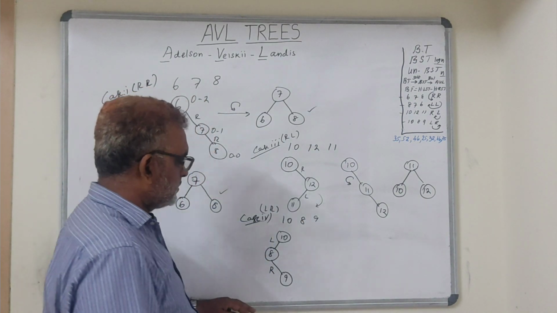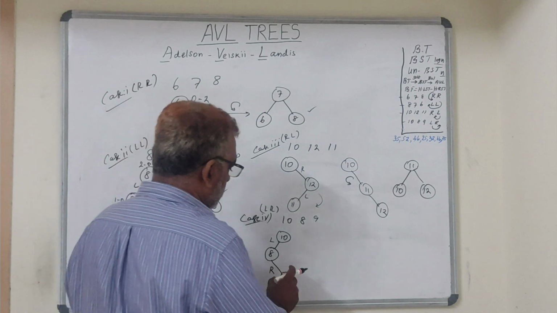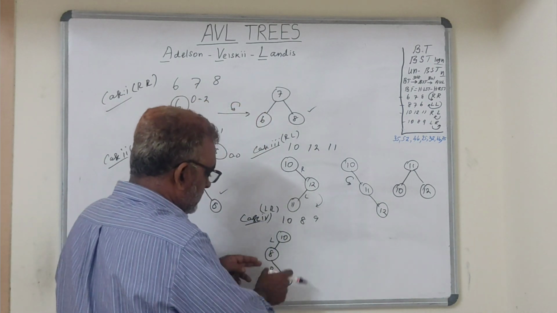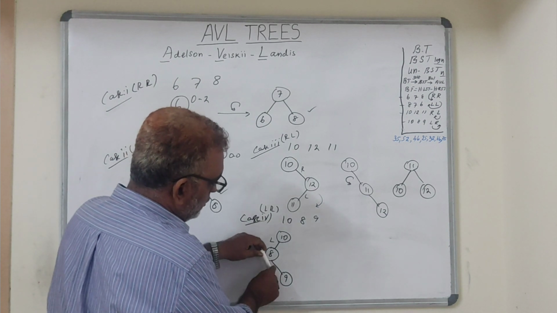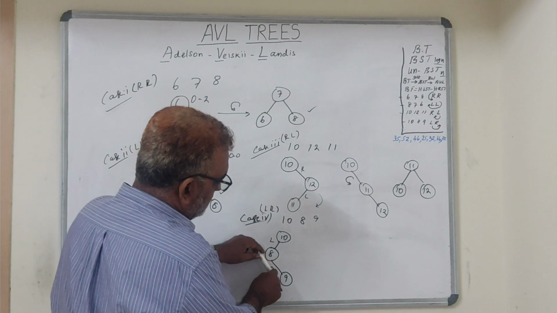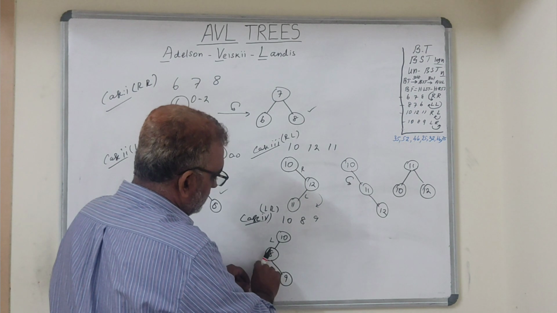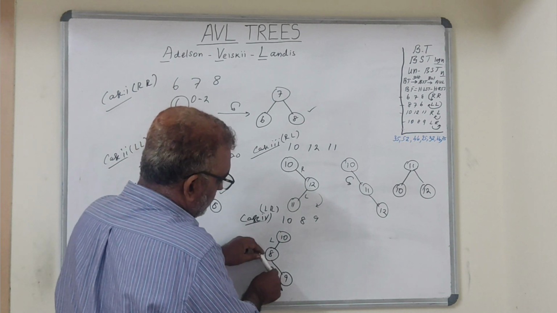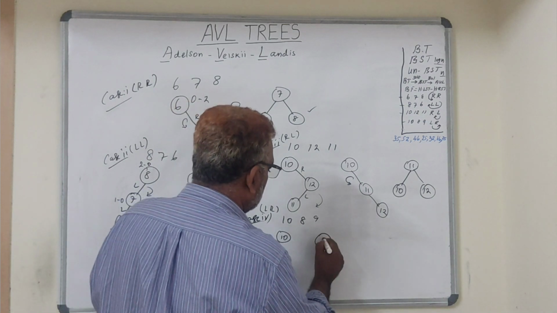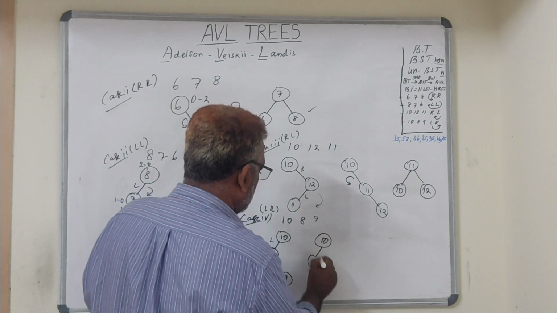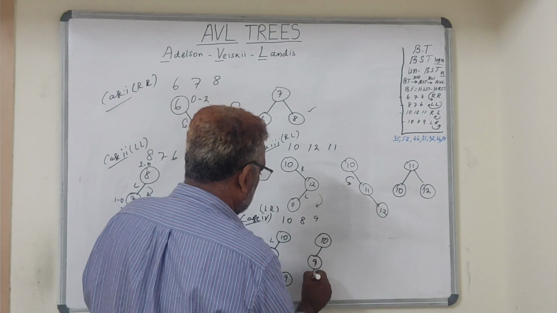Now you have to make this a left skewed tree, so you perform this operation like this. Then 9 will go here and 8 will come down: 10, 9, and 8.